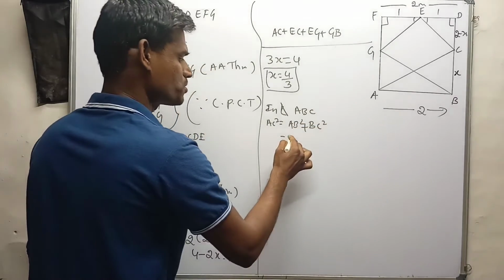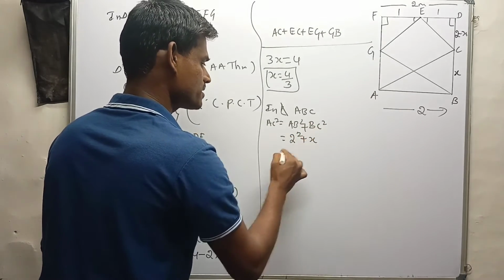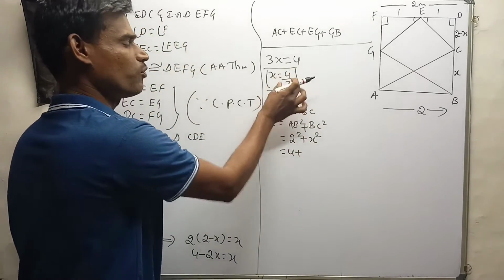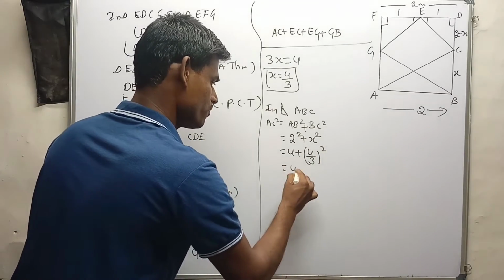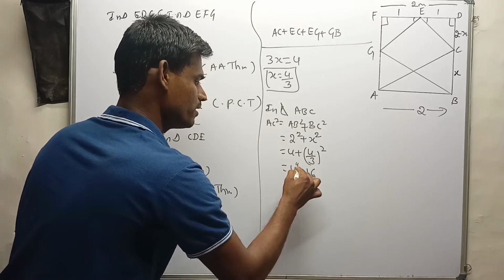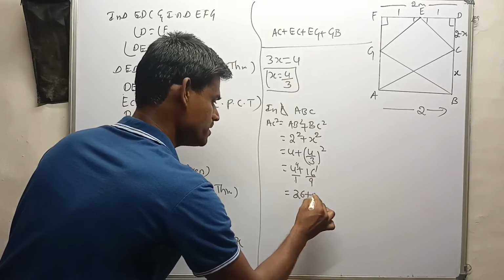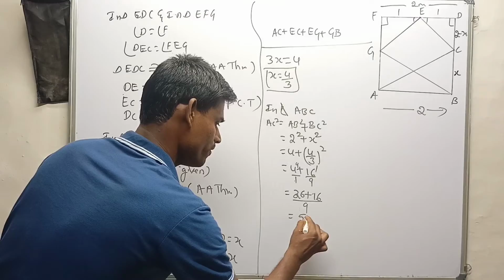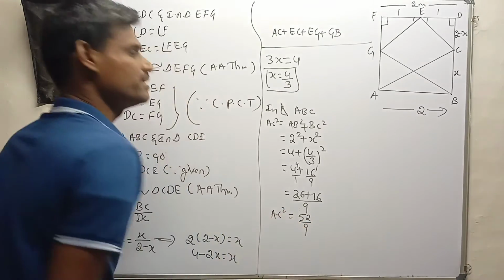The length of AB is 2, so 2 square plus BC, the value of BC is X, so 2 square, value 4, plus the value of BC is 4 by 3, so 4 by 3 whole square. 4 plus 16 by 9, so 1 9s are 9, 4 9s are 36, plus 16 by 9, which is equal to 52 by 9. That is the value of AC square.